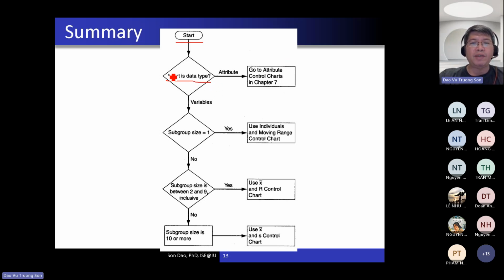If the data is more qualitative, like color, where we can't actually measure properly, or we just want to count the number of times we see some kind of event, then it's better to use attribute control charts. So what do we have? We have P, NP, C, and U charts.